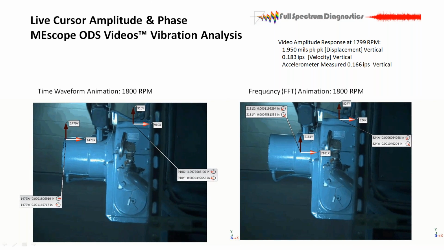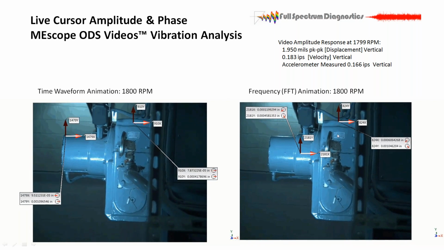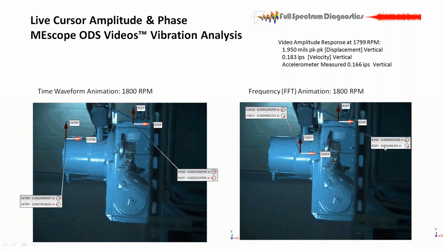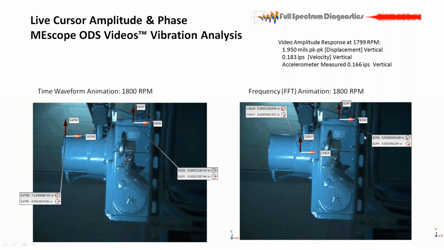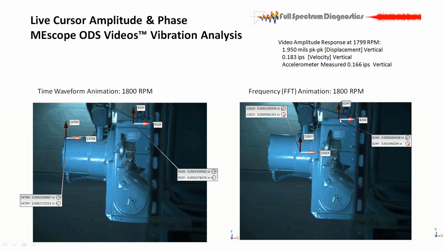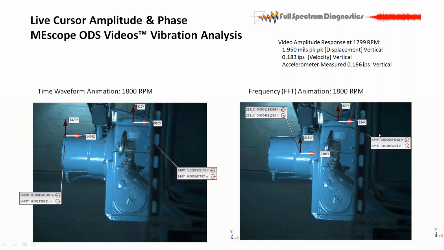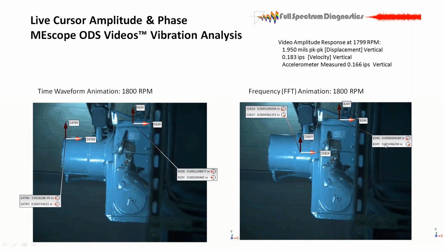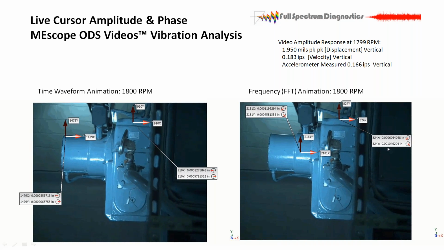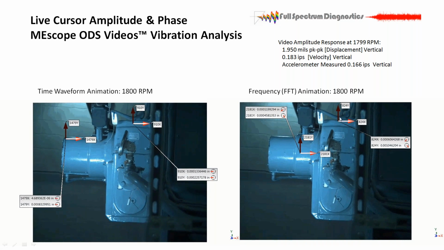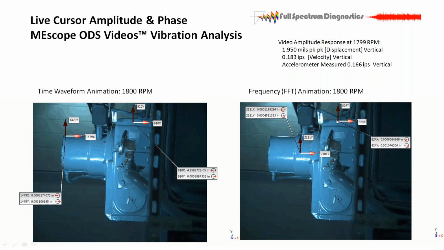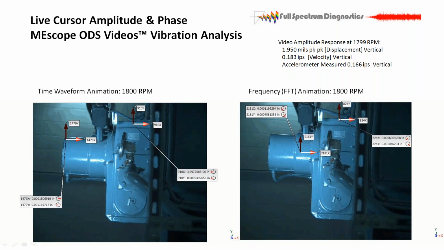This is a frequency animation at 1800. Same sort of idea, picked a couple of points, and we're showing some vibration. Of interest here is where we took the accelerometer measurement, and here's some data on that. Here's the amplitude information. It's a little over 1 mil, or 1/1000th of an inch, of vertical response there, and this is in a peak format.